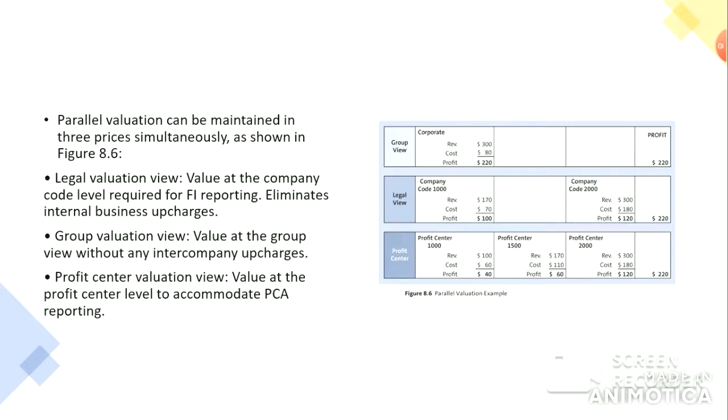So profit center valuation is like profits, it calculates with different profit centers and totally the profit will be the same. Even though we follow different methods, at last the profit will be the same in all the methods.